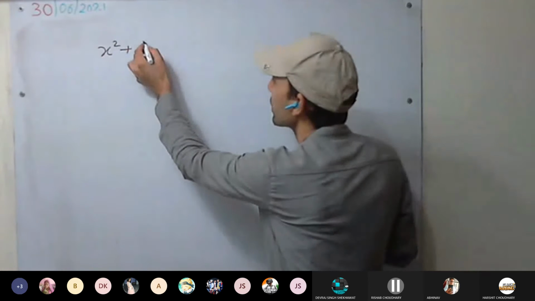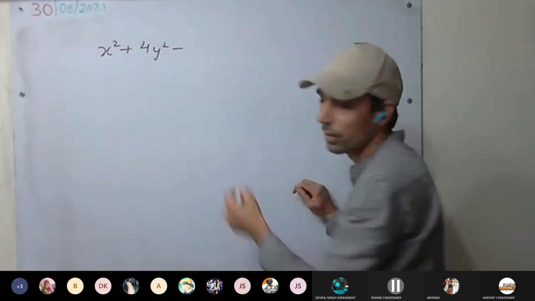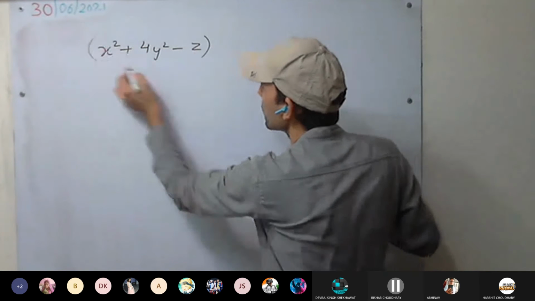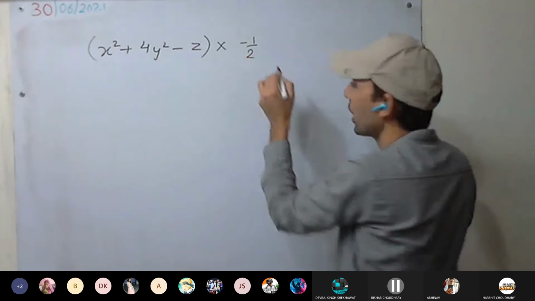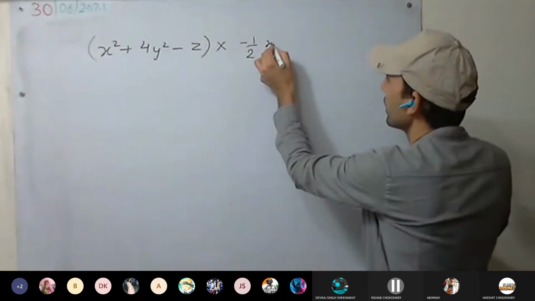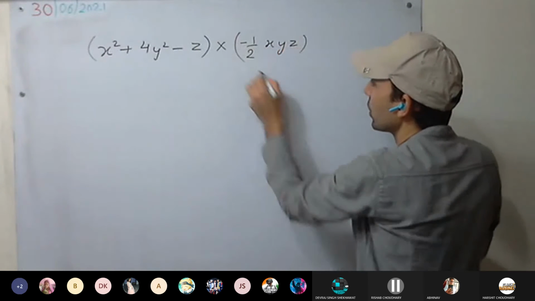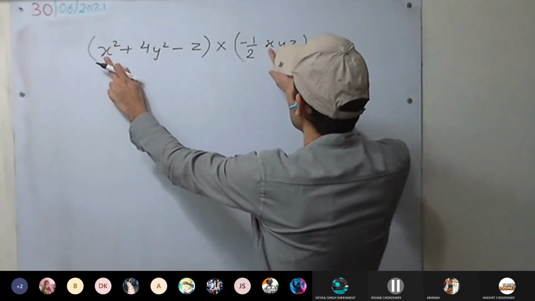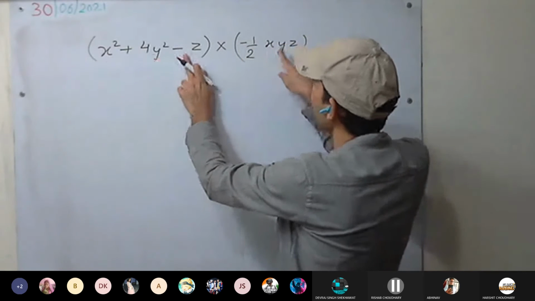Plus 4y square minus z, okay? It is multiplied with minus half x y z. First will be opening the bracket. We can do it straightforward as well. First with this one, second with this one, minus this one.